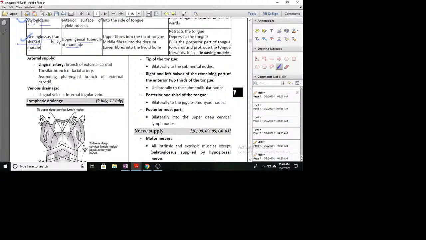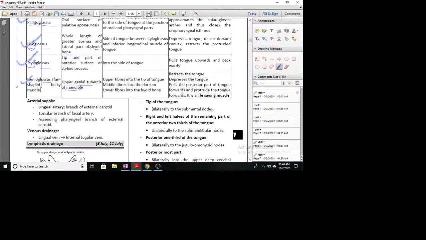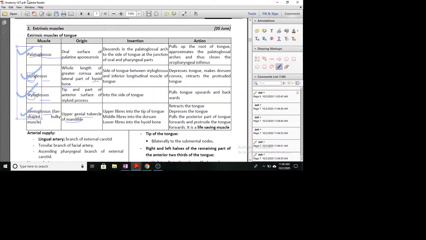We'll be studying now the arterial supply, nerve supply, and lymphatic drainage of the tongue. We already knew the muscles of the tongue. We don't need to know the function of the tongue. Okay. However, let's see the muscles briefly again.